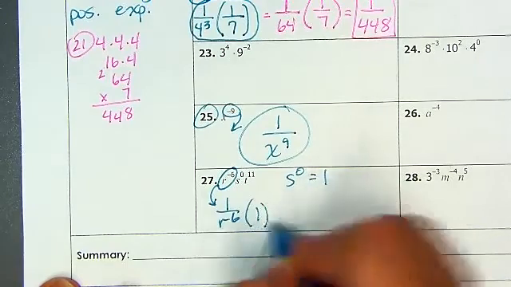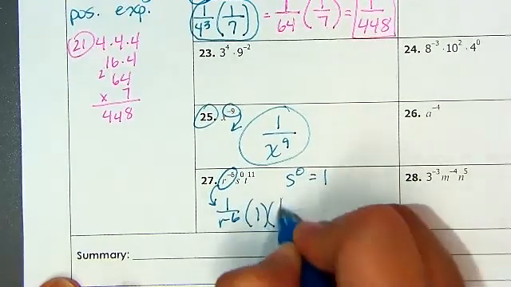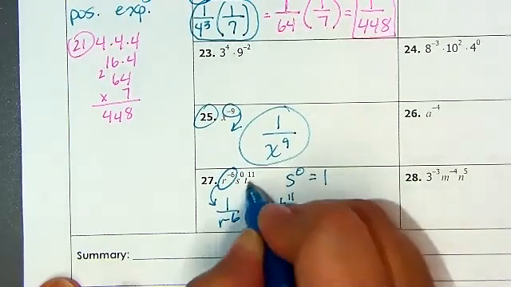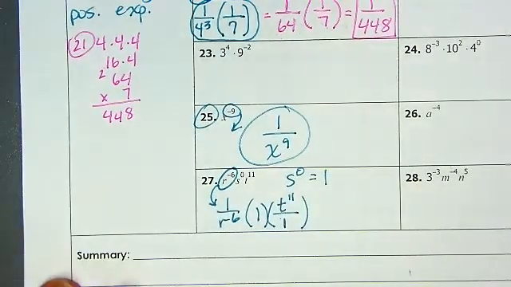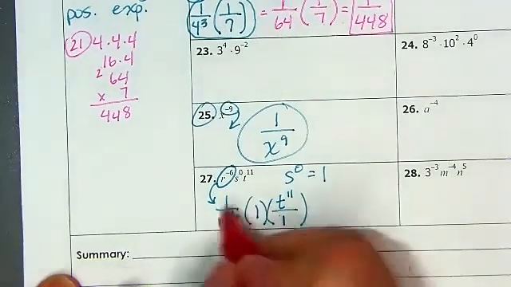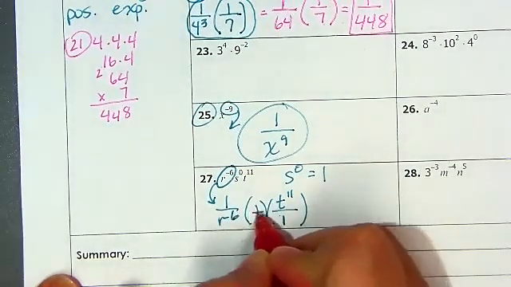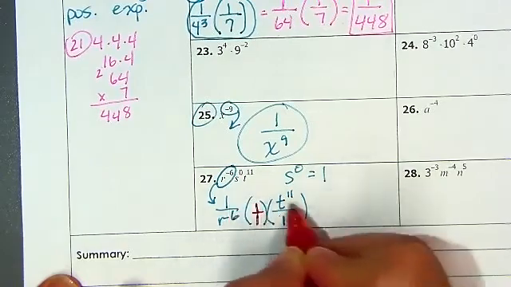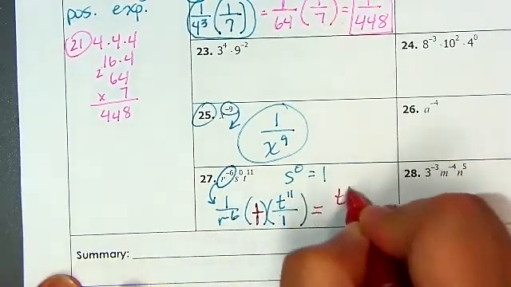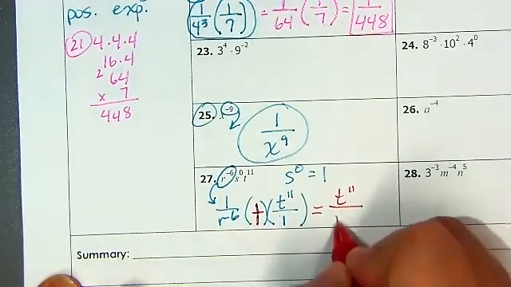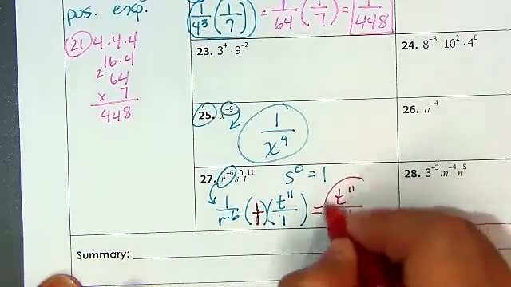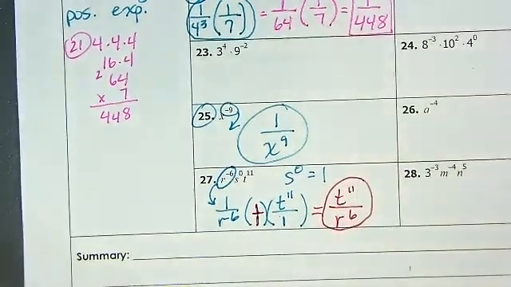So now I have times 1. And then I have t to the 11th still at the top. To make that a fraction, I can put it over 1. And now I work it. So I have 1 times t to the 11th. So that's going to give me t to the 11th over r to the 6th times 1 times 1. So that gives me r to the 6th in the bottom. There is my final answer.